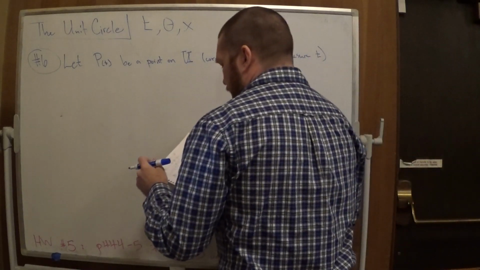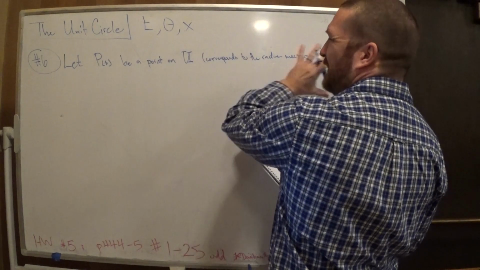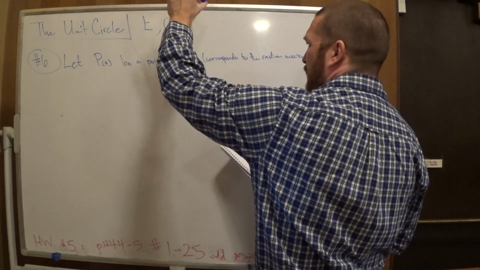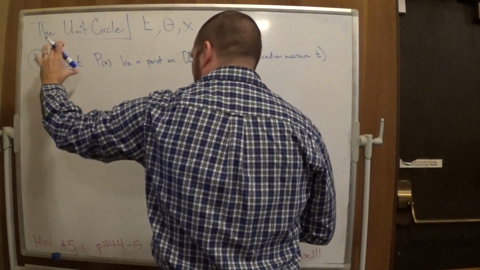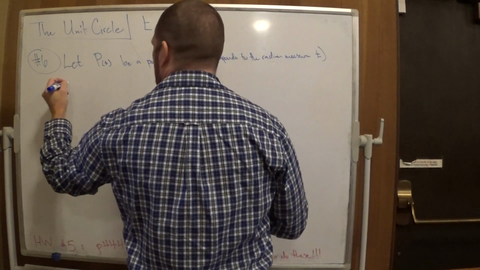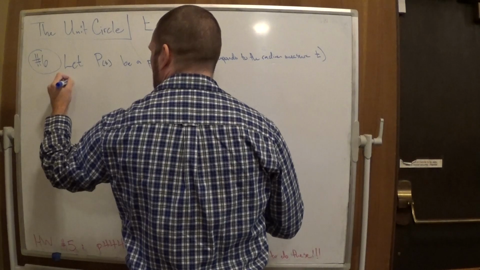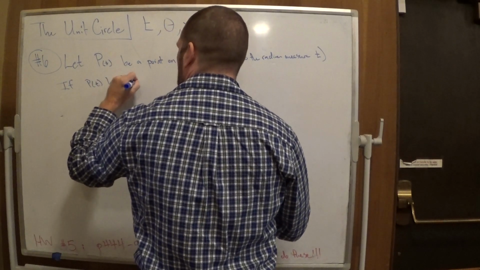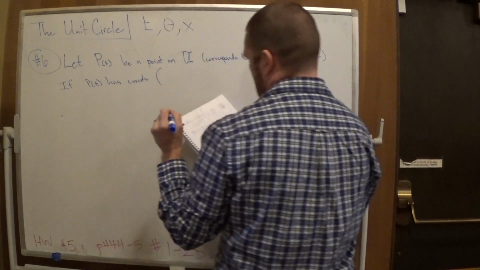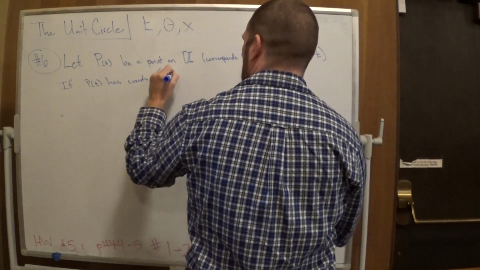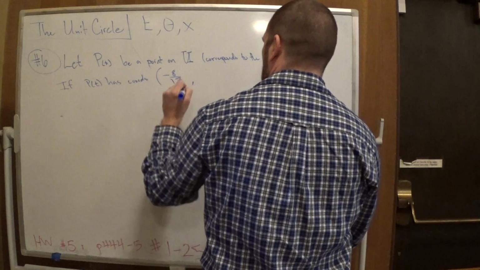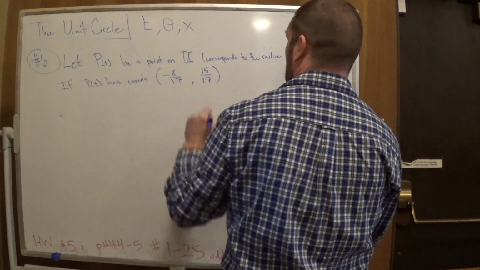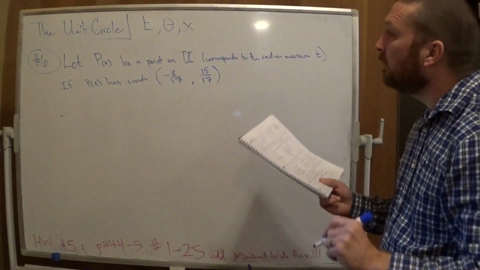Now, here we go. Number 6. It says some more stuff up at the top above. But then number 6 says, if P of t has the coordinates negative 8 over 17, comma, 15 over 17, and you could check if you want, that certainly is on the unit circle.